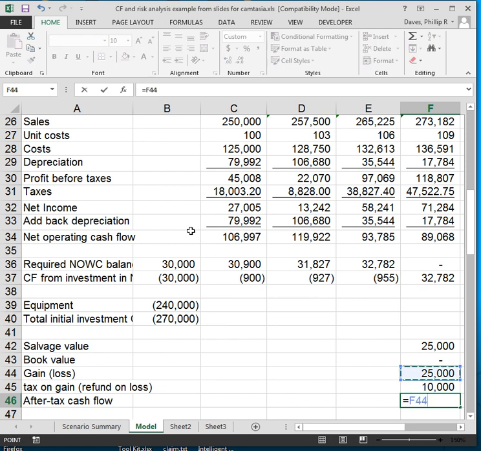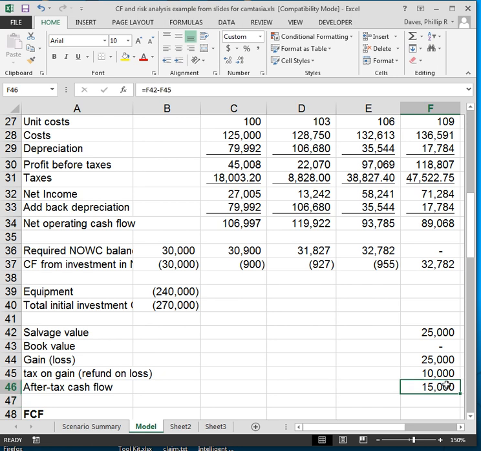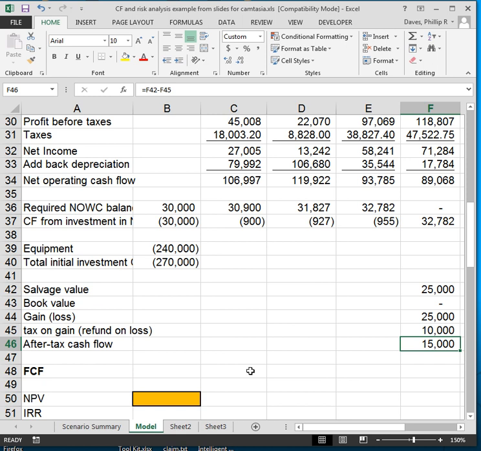Our net after-tax cash flow is the amount that you received, the total salvage value, not the gain or the loss, but the total salvage value itself. Turns out those two numbers are the same, but it matters if you have a book value that's not zero, minus the tax that you have to pay. And so at the end of the day, you have $15,000 in after-tax cash flows from selling this piece of equipment.